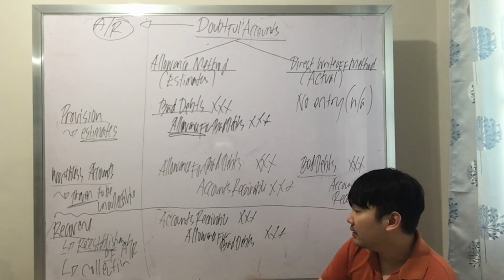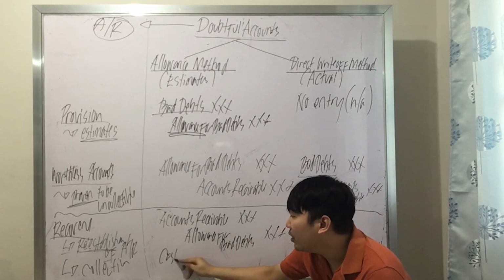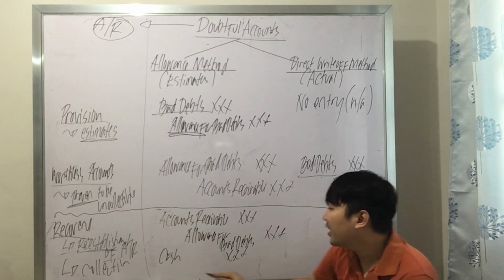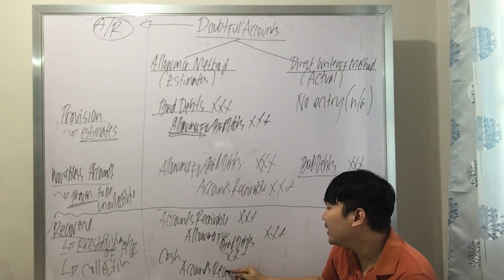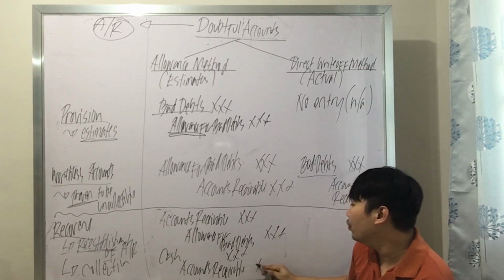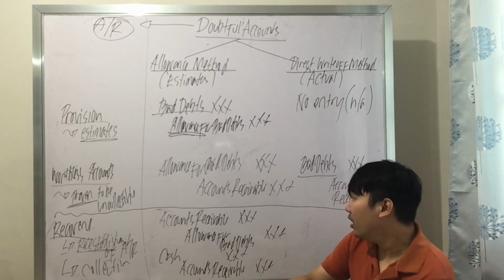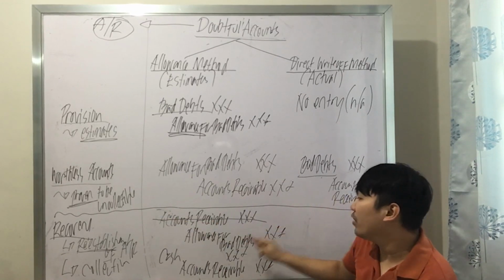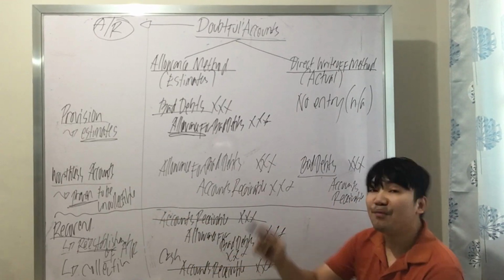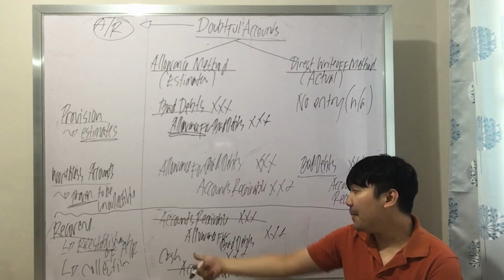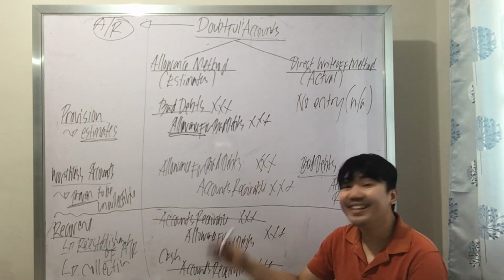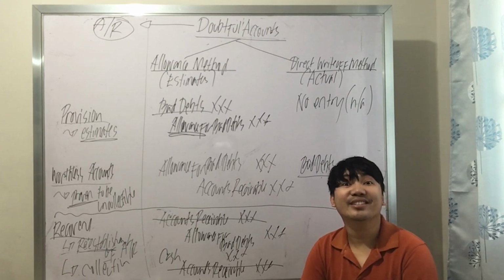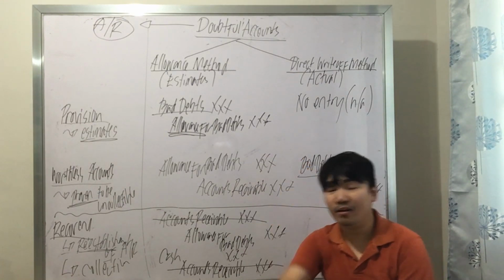Then, you collect receivable: debit cash, credit accounts receivable. Ano napansin mo? In effect, class, kung kinansel mo yung debit tsaka credit, ang effect ng recovery, debit cash, credit allowance for bad debts.